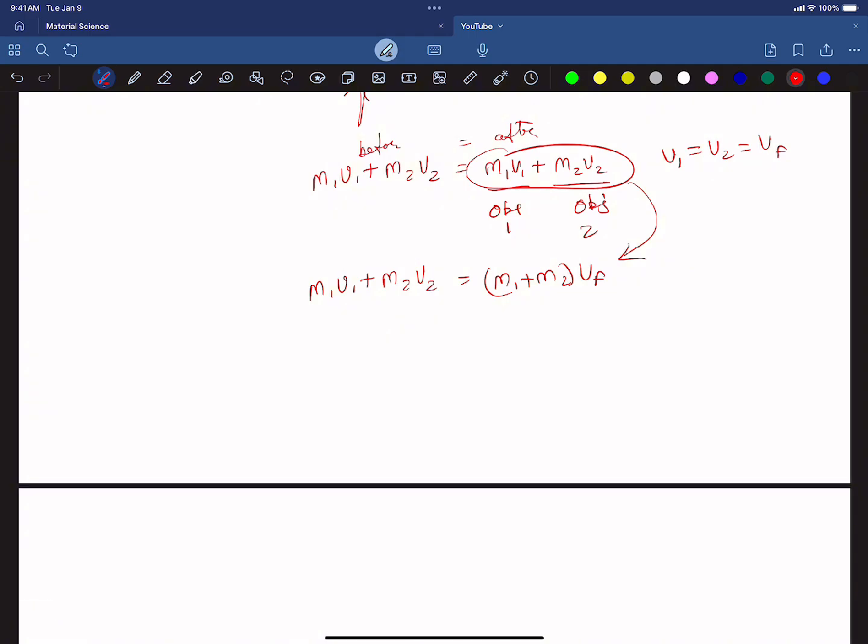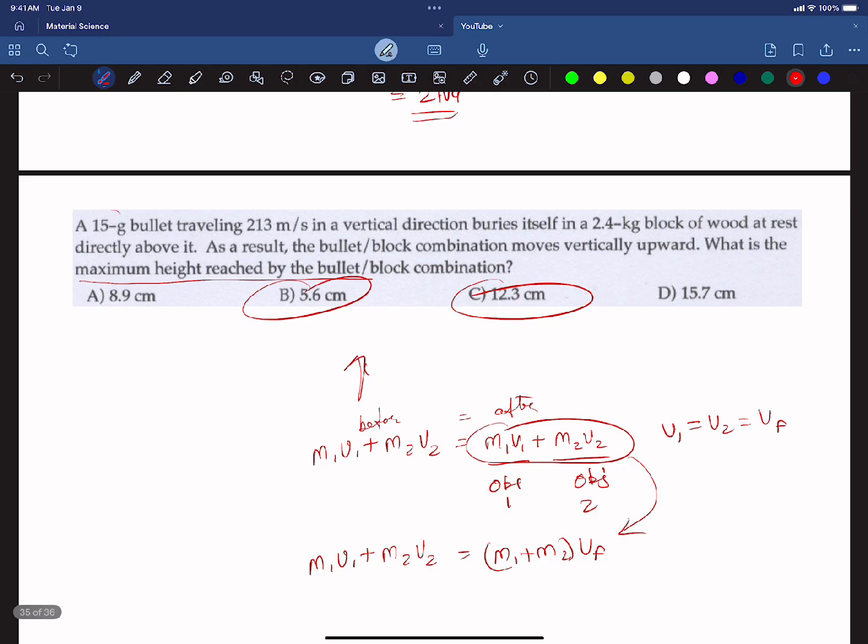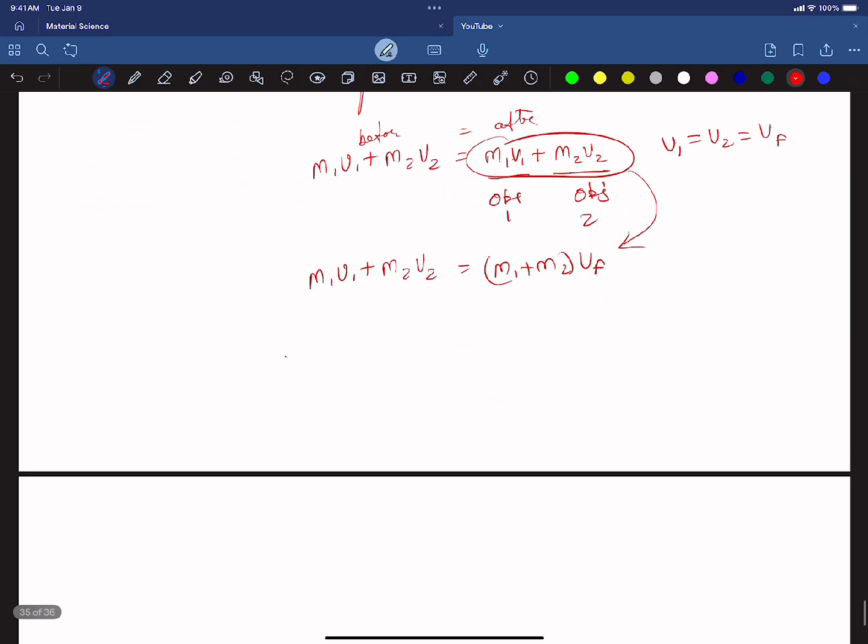Now we'll substitute all the values given in the question. We need to convert this gram value into kg, so it will become 0.015 kg times velocity, the velocity of the bullet, plus 2.4 kg of block, and its initial velocity is 0, is equal to 0.015 plus 2.4 times vf.